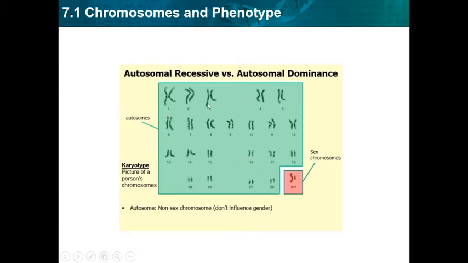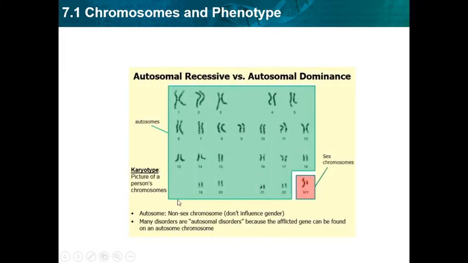This is your body chromosomes, okay? And the 23rd chromosome is your sex chromosome. So the autosome is a non-sex chromosome, so they don't influence gender.